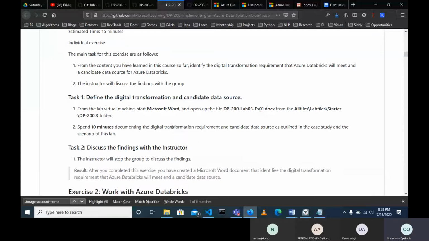I hope that has explained the underlying technology behind Azure Databricks.